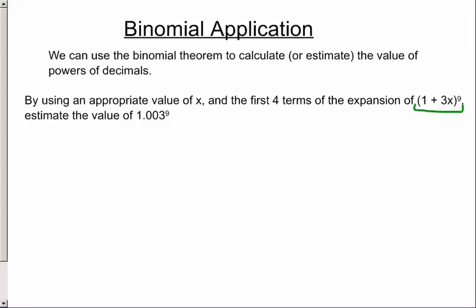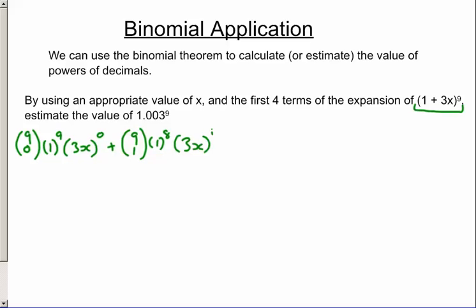We're after the first four terms, so we get 9C0, 1 to the 9, (3x) to the 0, plus 9C1, 1 to the 8, (3x) to the 1, plus 9C2, 1 to the 7, (3x) squared, plus 9C3, 1 to the 6, (3x) cubed.